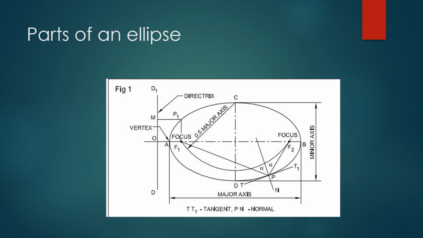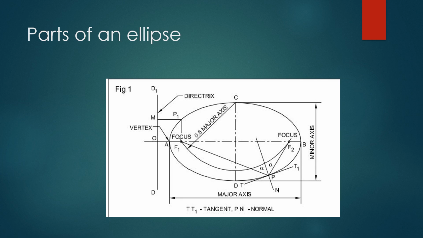As you can see, the vertex in our drawing is noted by point A, and it's also denoted by point B, because an ellipse has two vertices. In our case one is at point A, the other at point B.